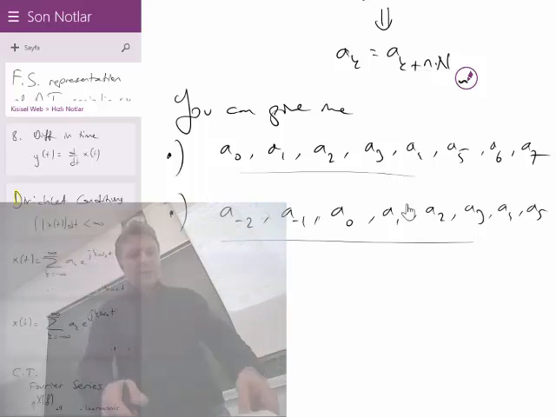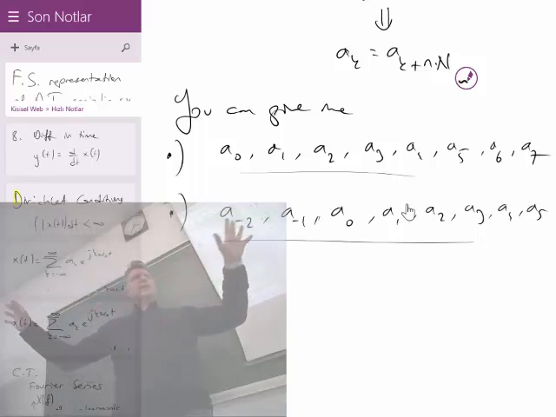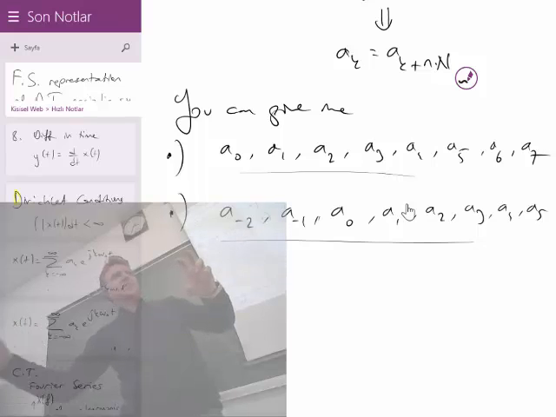Alright, now what is the formula for that? The derivation of the formula for Fourier series coefficients in discrete time periodic signals is a little bit cumbersome. If you remember how we found the formula for the continuous time a_k, we took integrals of both sides of the equation and then cancelled some other terms and said that a_k is therefore the rest.